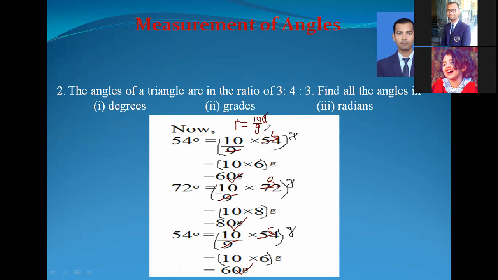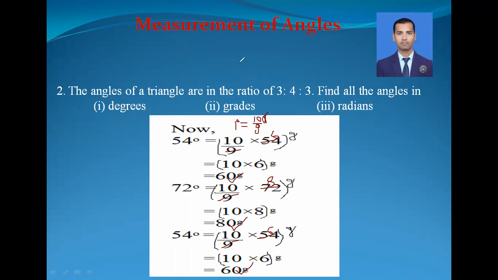In this way, students, we can convert all degrees into grade by using 1 degree is equal to 10 by 9 grade. If the question asks to convert grade into degrees, at that time we use the formula 1 grade is equal to just the opposite, 9 by 10 degree.